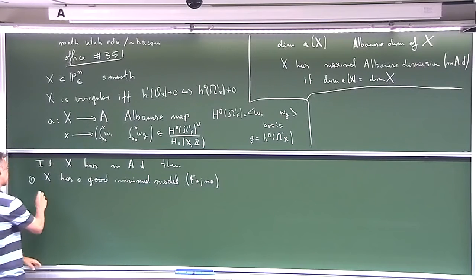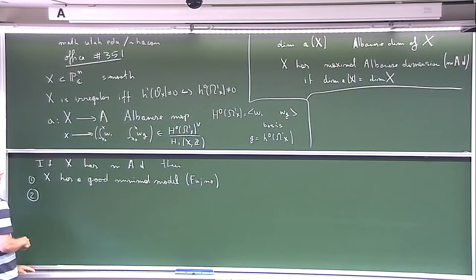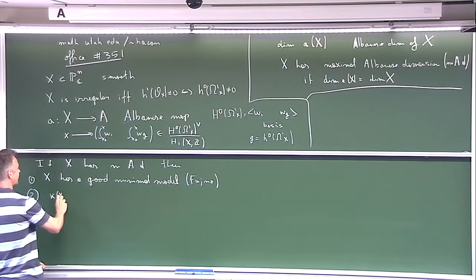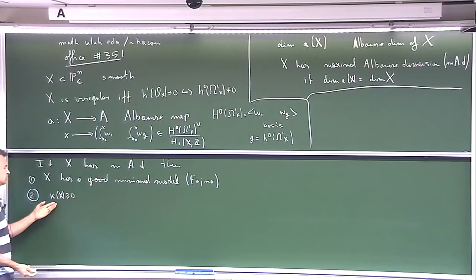Another nice property, we understand the pluricanonical maps of X very well. We know that the Kodaira dimension of X is greater than or equal to 0. This is not a difficult fact.